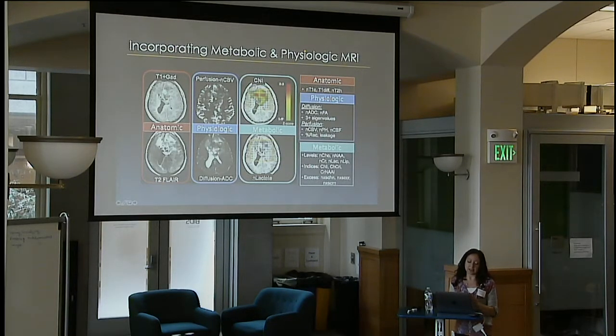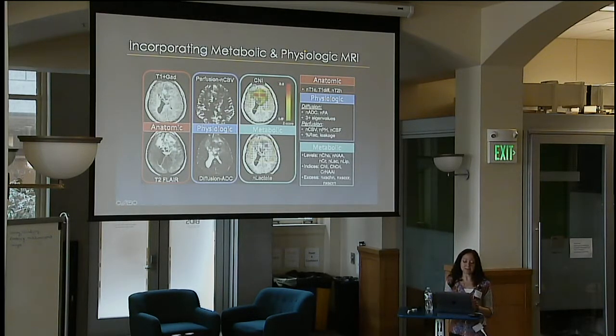And now, over the last several years, in the clinic, diffusion-weighted and perfusion-weighted imaging are types of physiological imaging that are now integrated into a brain tumor imaging exam. And from these, we're able to quantify a lot more parameters now, mostly representing blood volume and vascularity, the amount of fluid and cellularity, how many cells there are.